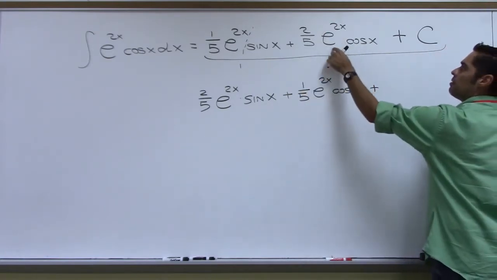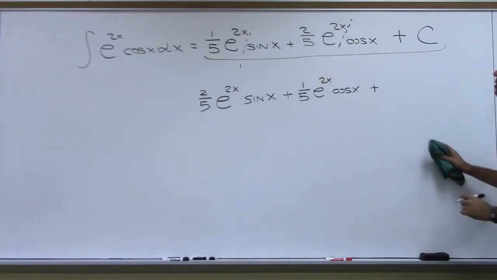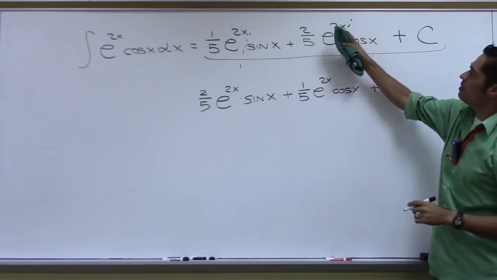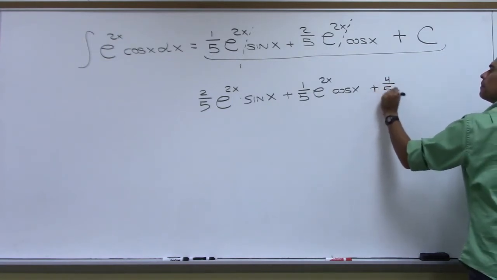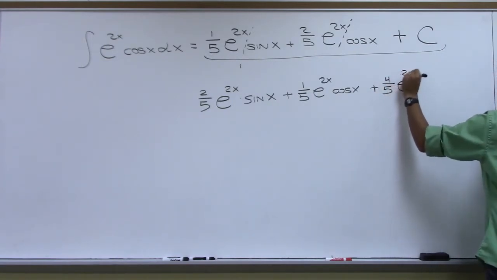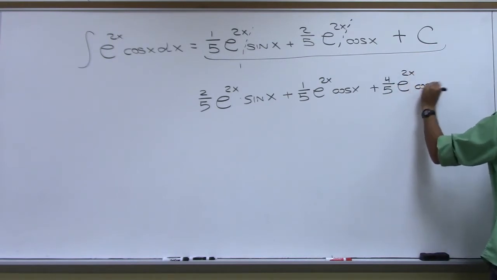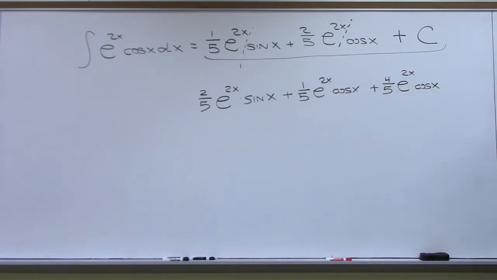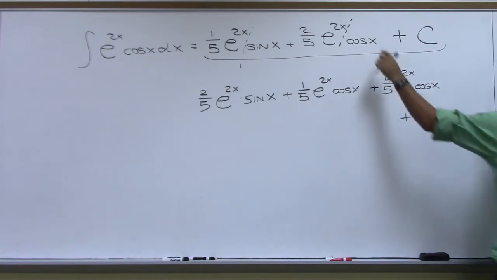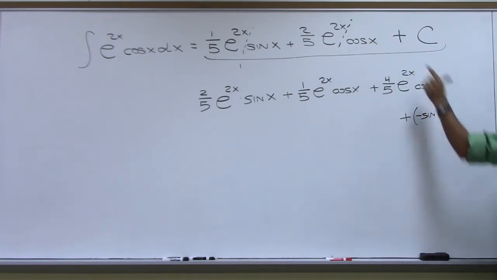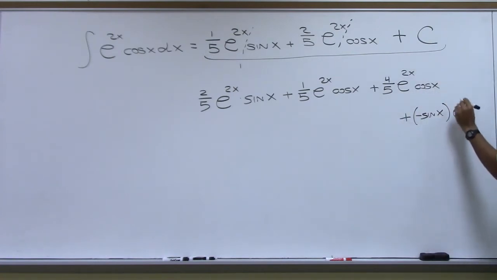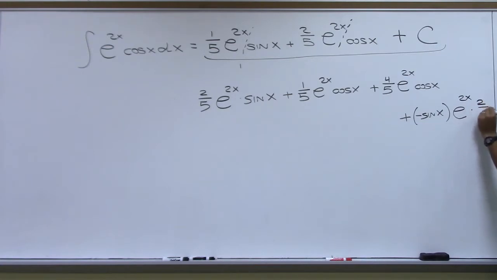Plus, now the derivative of this, another product rule. What's the derivative of e to the 2x times 2/5? 4/5 e to the 2x times cosine x. Plus, now the derivative of cosine x, negative sine x times e to the 2x times 2/5. Sorry, I forgot the 2/5 there. Yes?